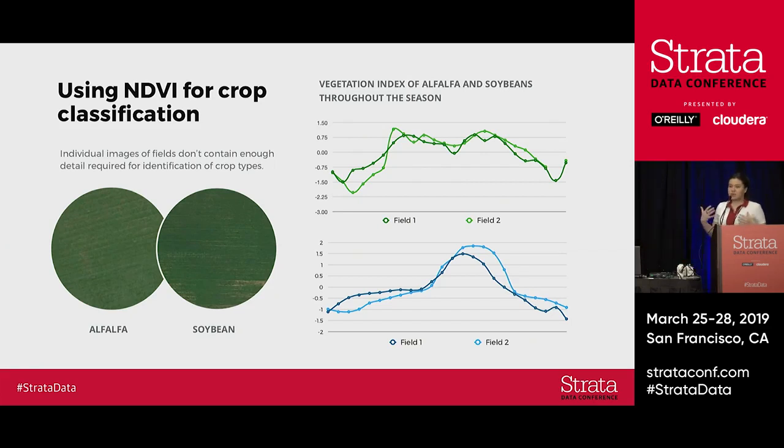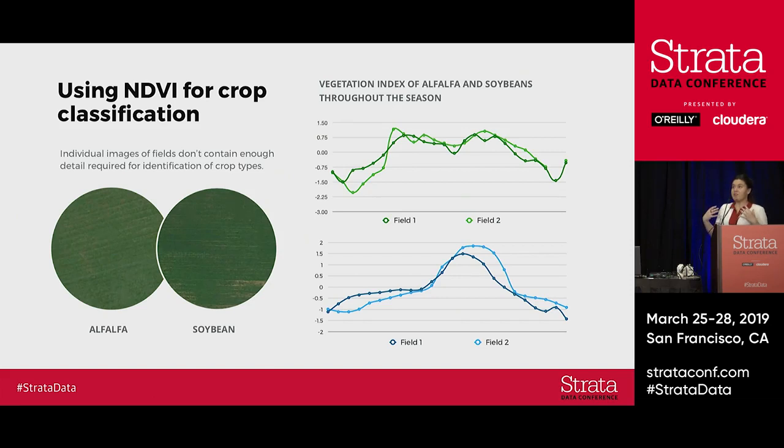So basically, how do they do it? If you just image one field, like with an iPhone camera, you'll probably see that it's green, and a field of another type of crop is green too. But to understand what's happening there, the best way is to repeatedly make observations and plot the vegetation.